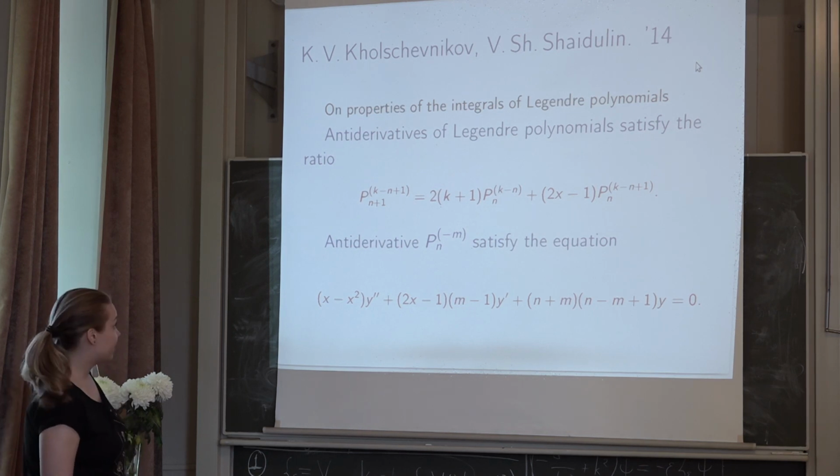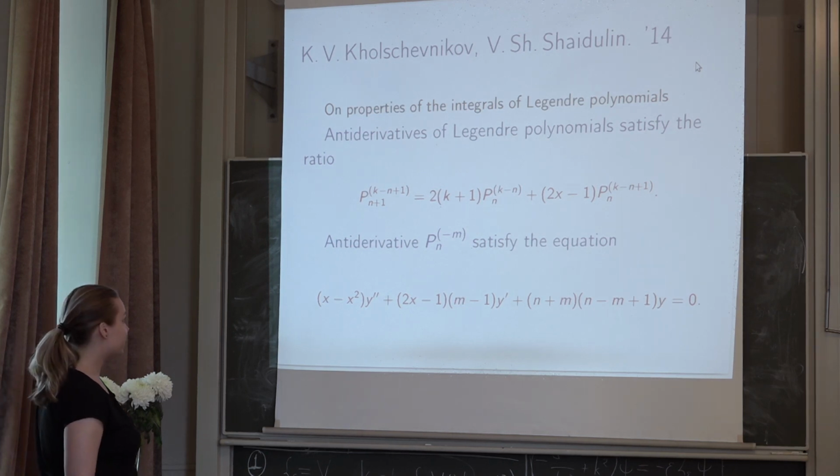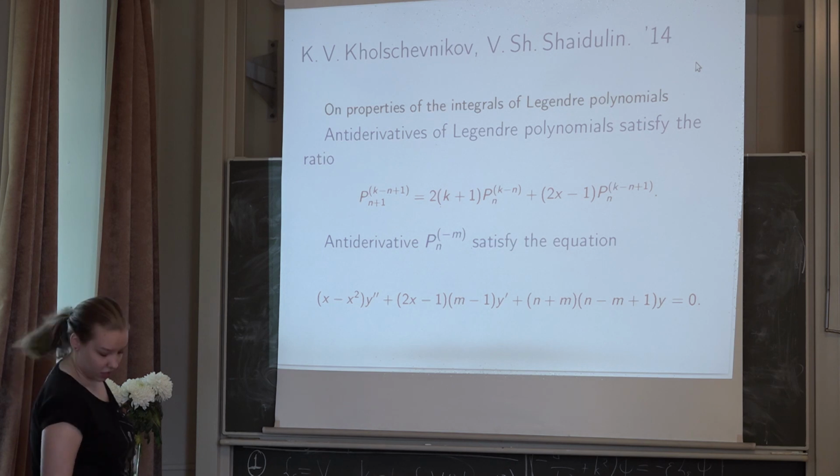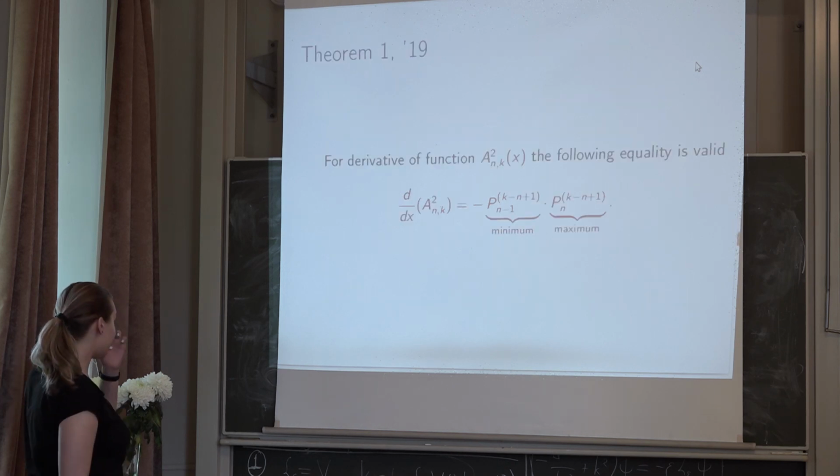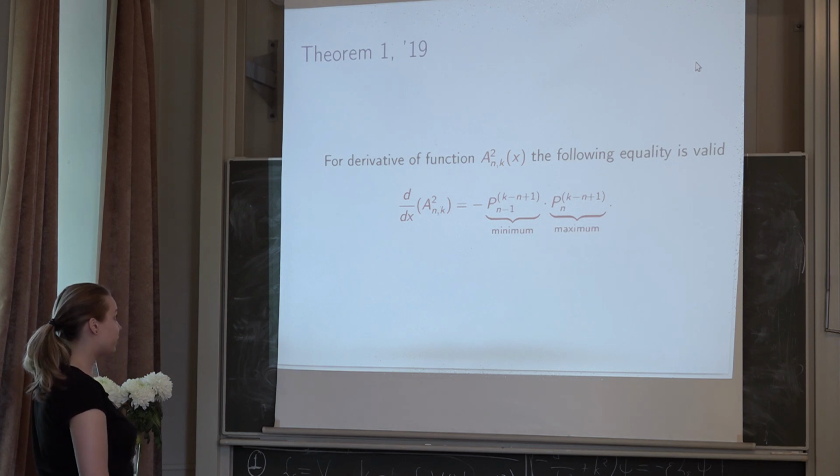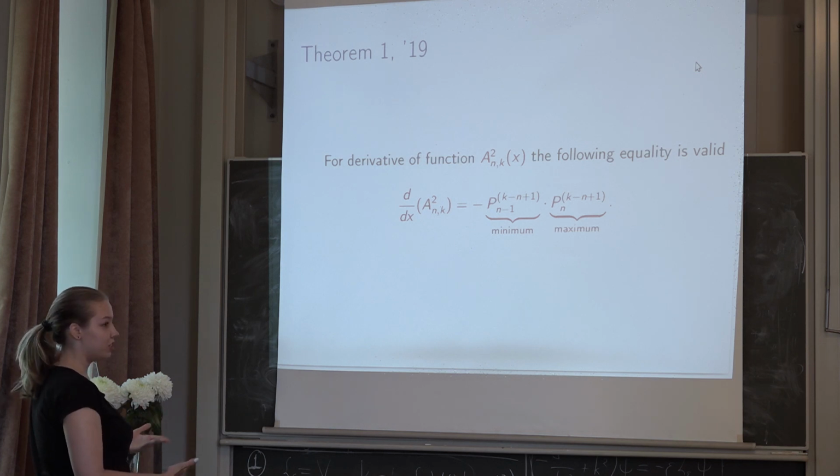Okay, now I can tell you about our main results. The first theorem describes the derivative of a_nk squared. As you can see, it's equal to the product of two different antiderivatives of Legendre polynomials.